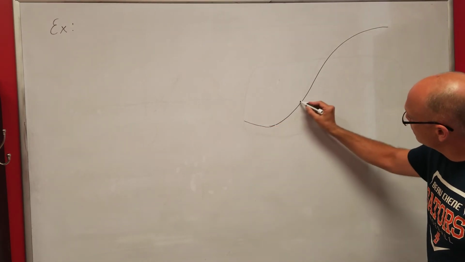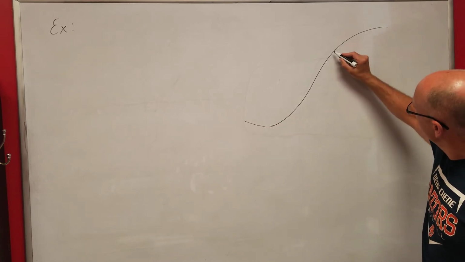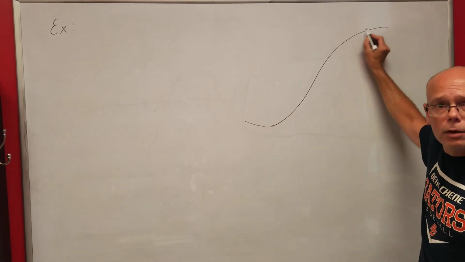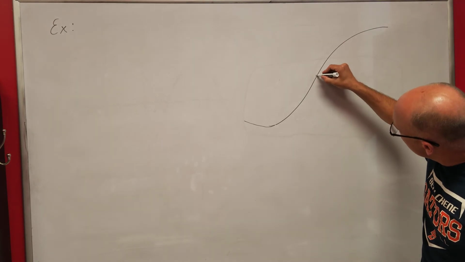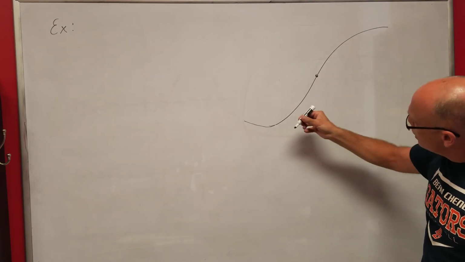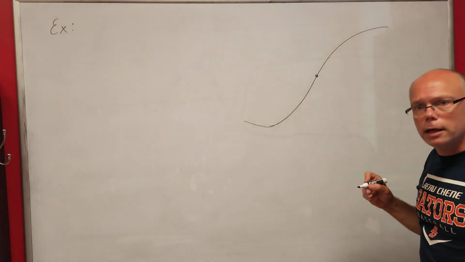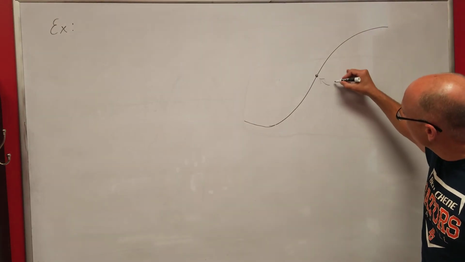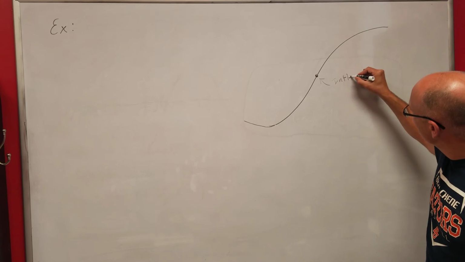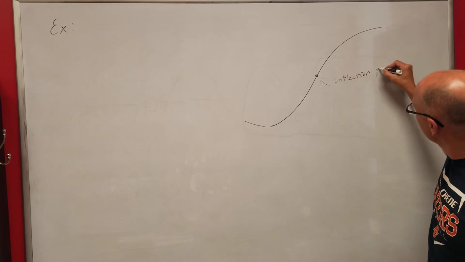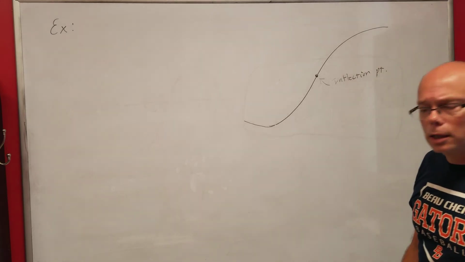I would say the curve is concave up right here, and I would say the curve is concave down right there. But somewhere around right here, your concavity switches from concave up to concave down. And that point right there we would call the inflection point. We call that an inflection point.